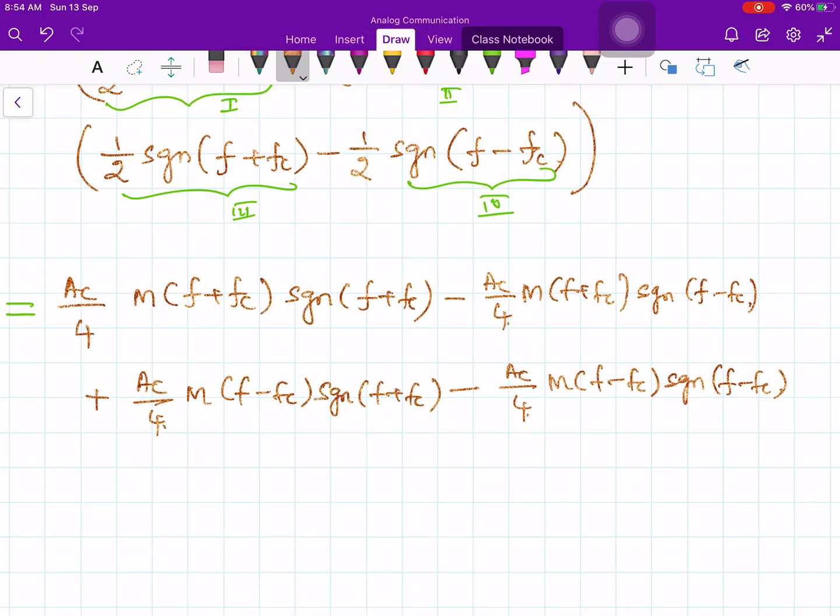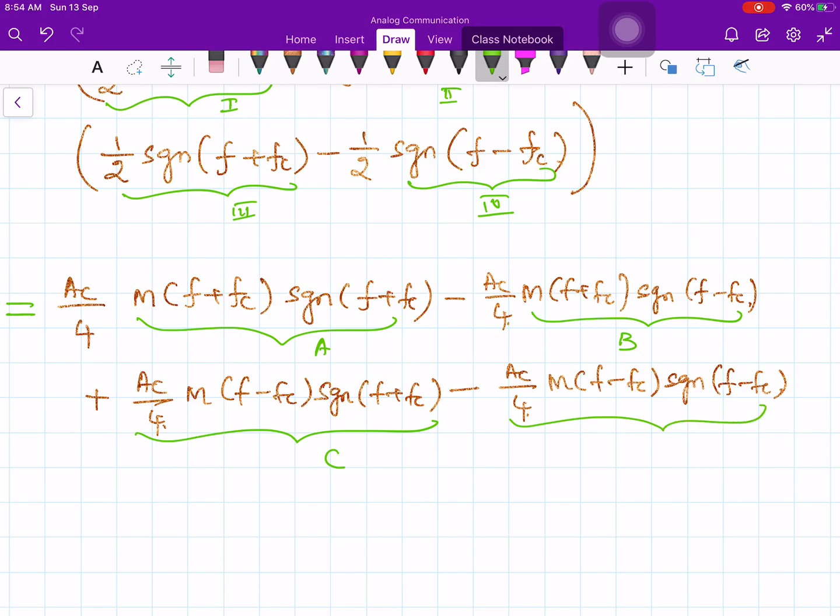Let us take this term AC by 4 m of f plus fc. Let me name these terms. Let's say this is A term, this is B term, and C term, and D term. There are 4 terms now. So take the B term. What is the B term?